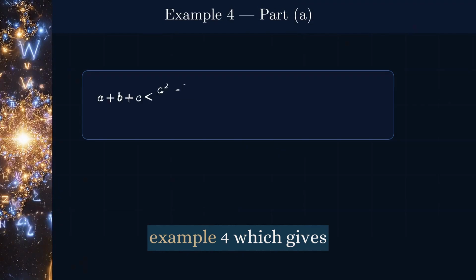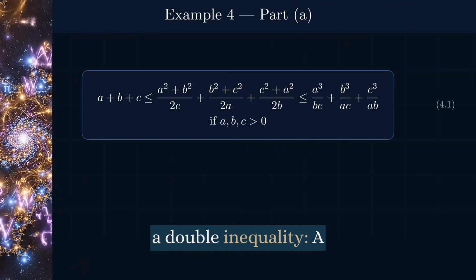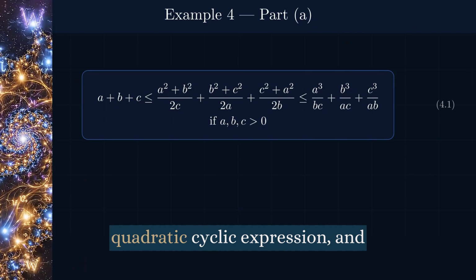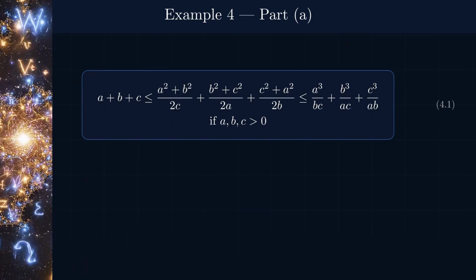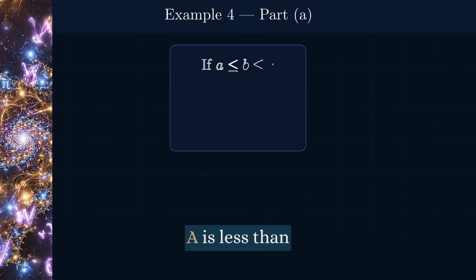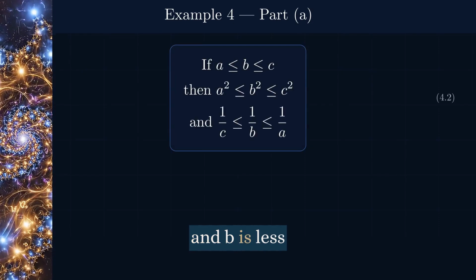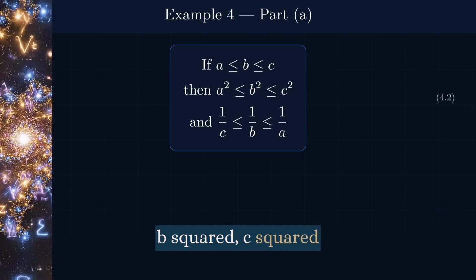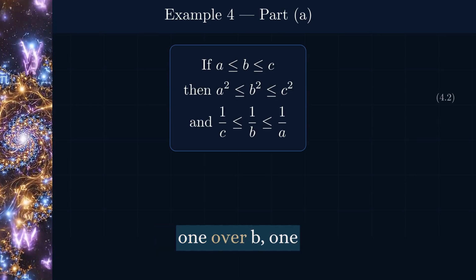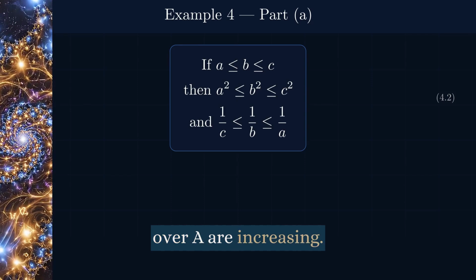Now is time for example 4, which gives a double inequality. A plus B plus C is at most the quadratic cyclic expression, and that is at most the cubic cyclic expression. For part A, if A is less than or equal to B and B is less than or equal to C, then A squared, B squared, C squared, and 1 over C, 1 over B, 1 over A are increasing.